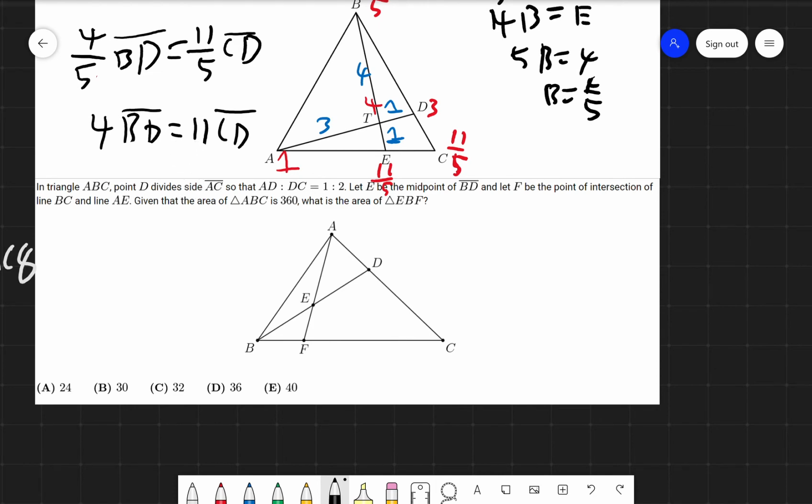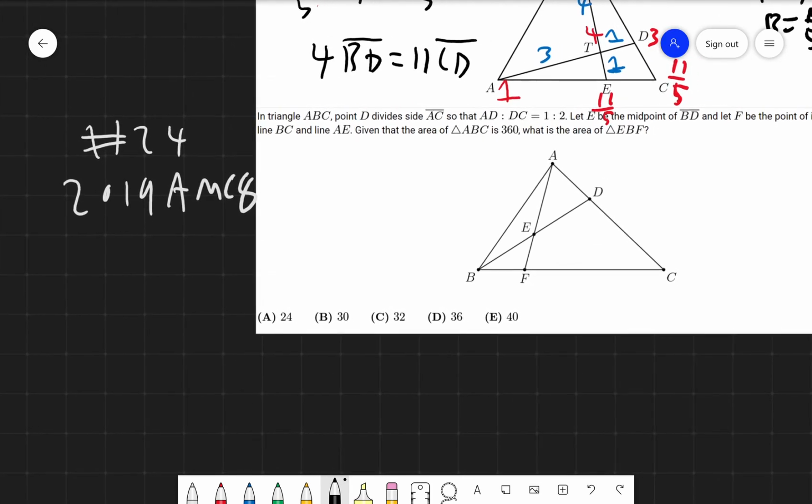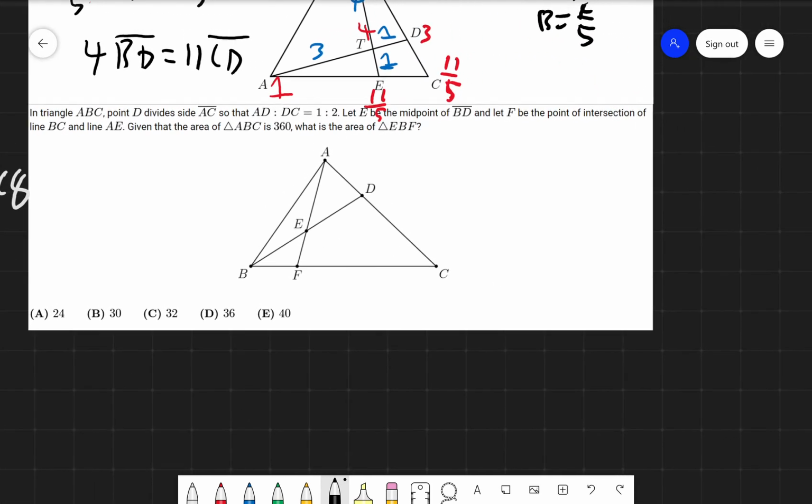Alright. Now, this next problem is number 24 on the 2019 AMC 8. We could solve this using similar triangles and other stuff like that. That's common, but I think it's good practice to use mass points. So in triangle ABC, point D divides AC so that AD over DC equals 1/2.